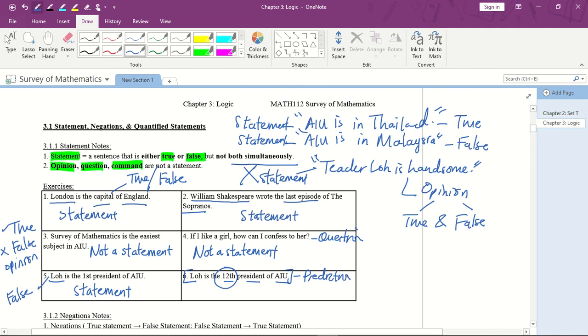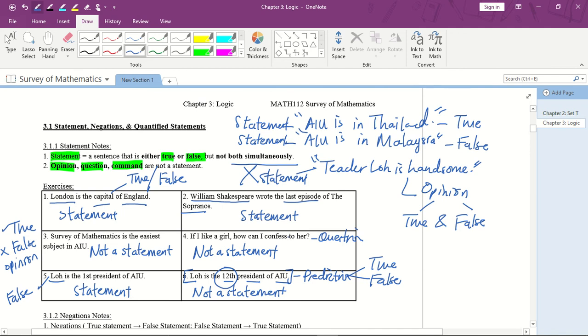It predicts that maybe Law is the 12th president of AIU. Since it is a future thing, we don't know whether it is true or false. I might be the president of AIU in the future, or I might not be. So since this is a prediction, this is not a statement, because we don't have an exact answer saying that it is true or false.